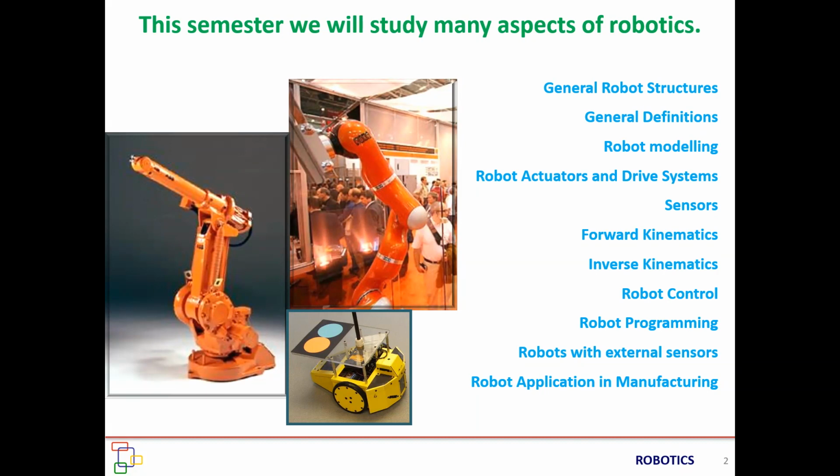These terms, actuators, driving systems, sensors, are all the components that help you in building a robot, and help in the movements of the robot.